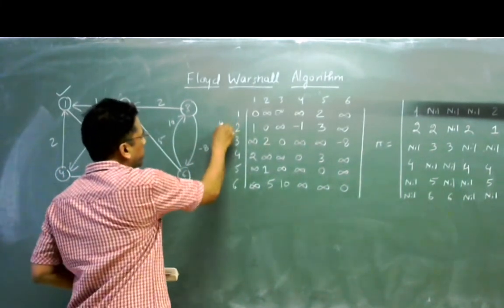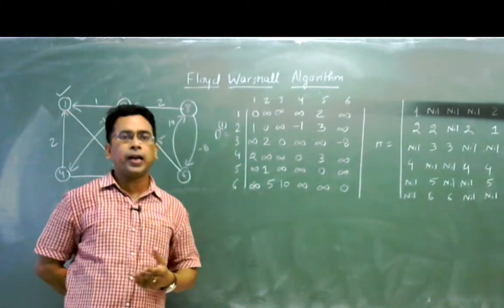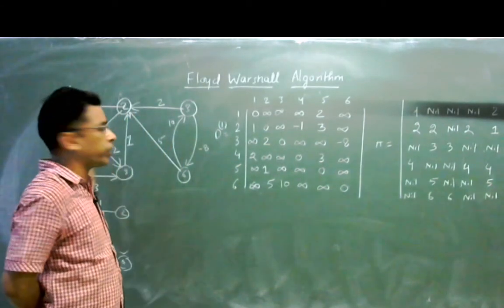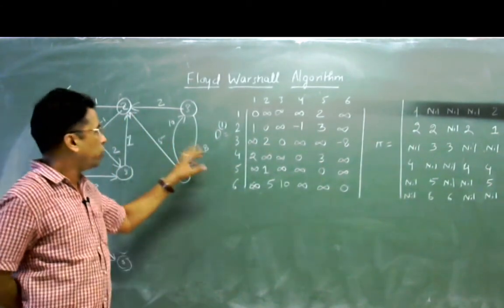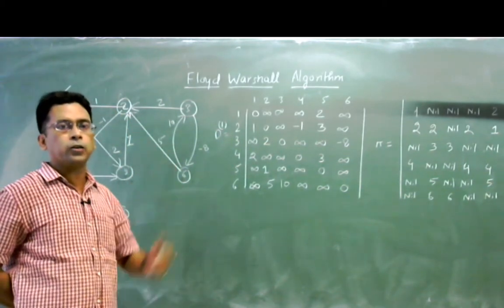So D1 is the matrix that has utilized 1 as an intermediate node, but here only 2 and 4 were able to get the advantage, and out of these only 2 gained the advantage.